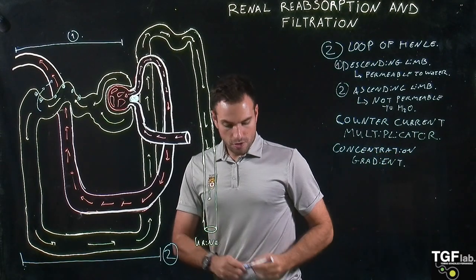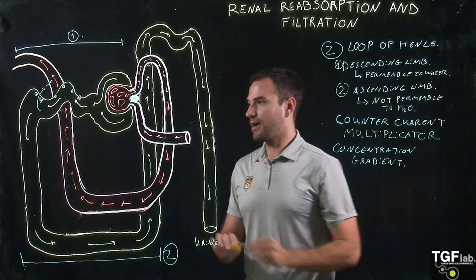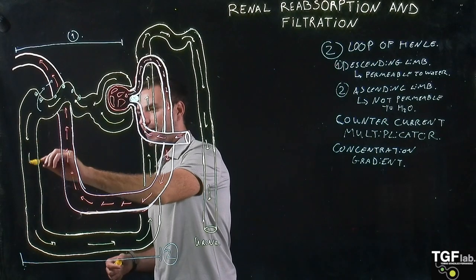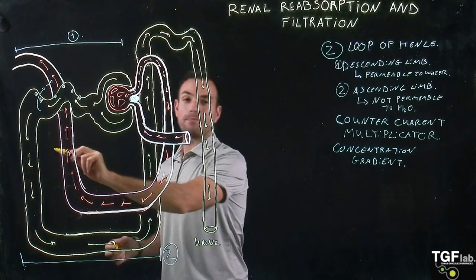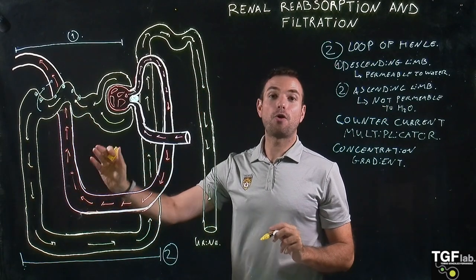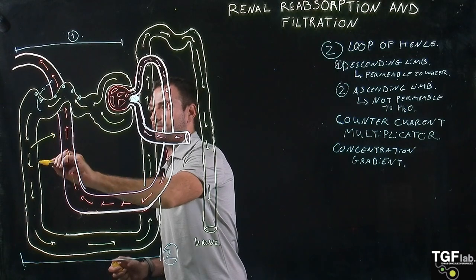Okay. So when the tubular fluid comes here to the descending loop of Henle, because the tubular fluid is going down, remember that this descending part is only permeable to water, so the water is going to leave.